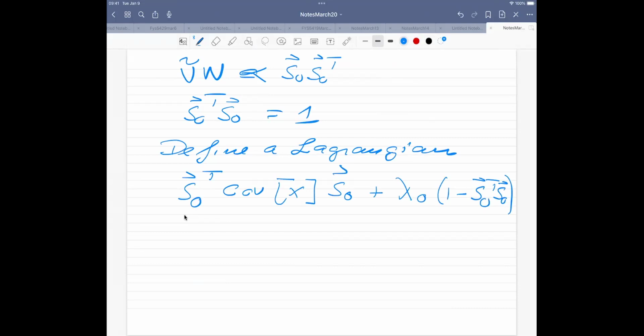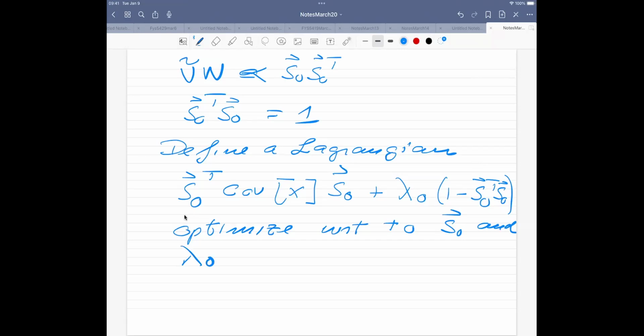Then I want to optimize with respect to S0 and lambda 0.